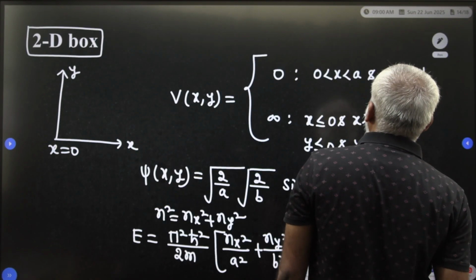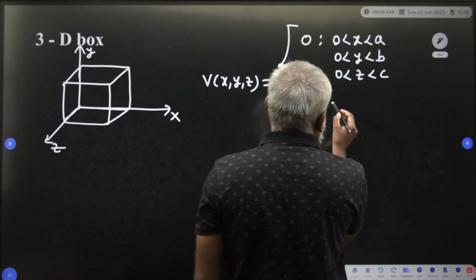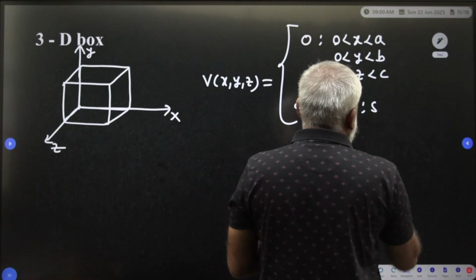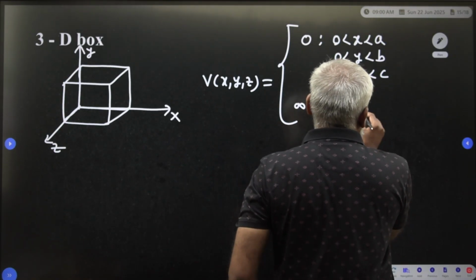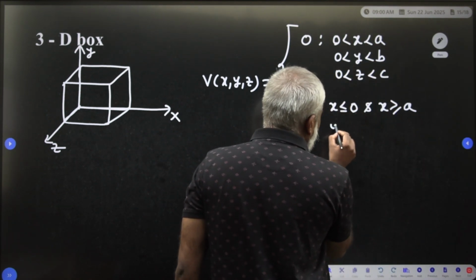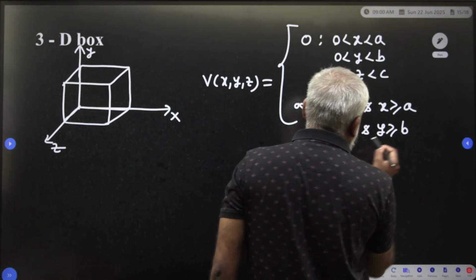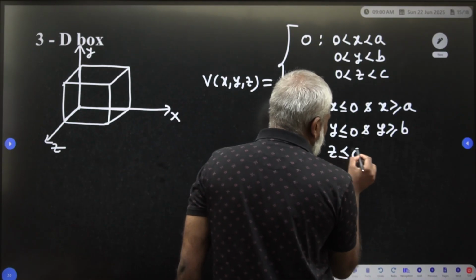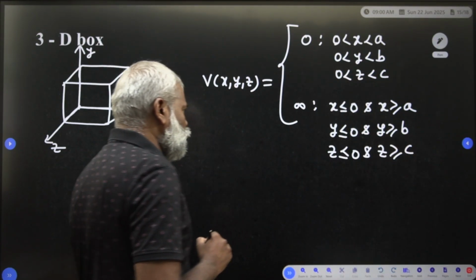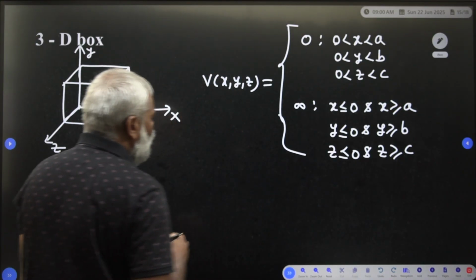The potential is infinite when x is less than or equal to 0 or x is greater than or equal to a, similarly y is less than or equal to 0 or y is greater than or equal to b, and z is less than or equal to 0 or z is greater than or equal to c. This is the definition of the potential.